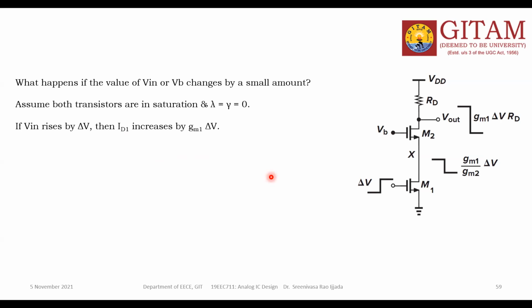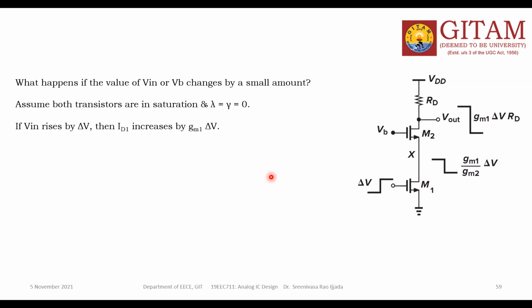For example, earlier 2 volts may have been applied, and now delta V may be 0.2 volts, so 2 plus 0.2 is 2.2 volts. You are increasing some voltage at the input side, so obviously there is an increase of the drain current. If Vin rises by delta V, then ID1 increases by how much?